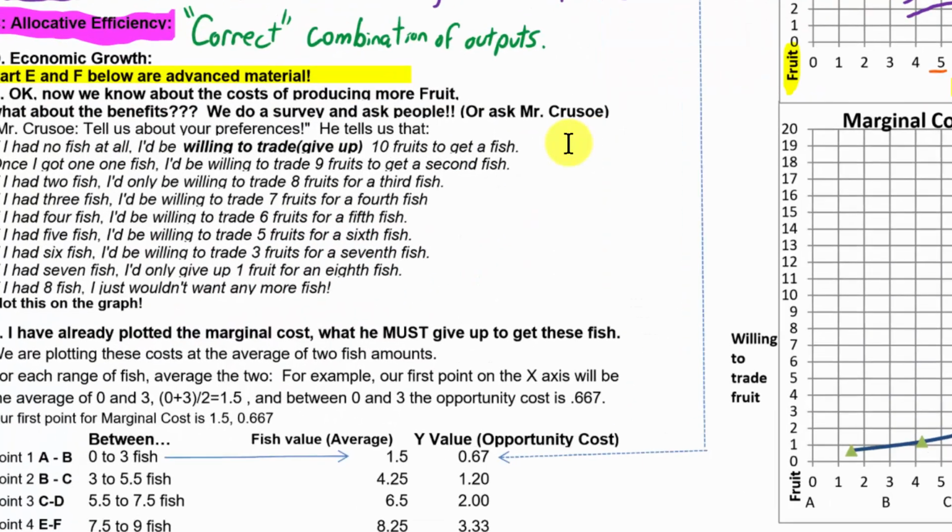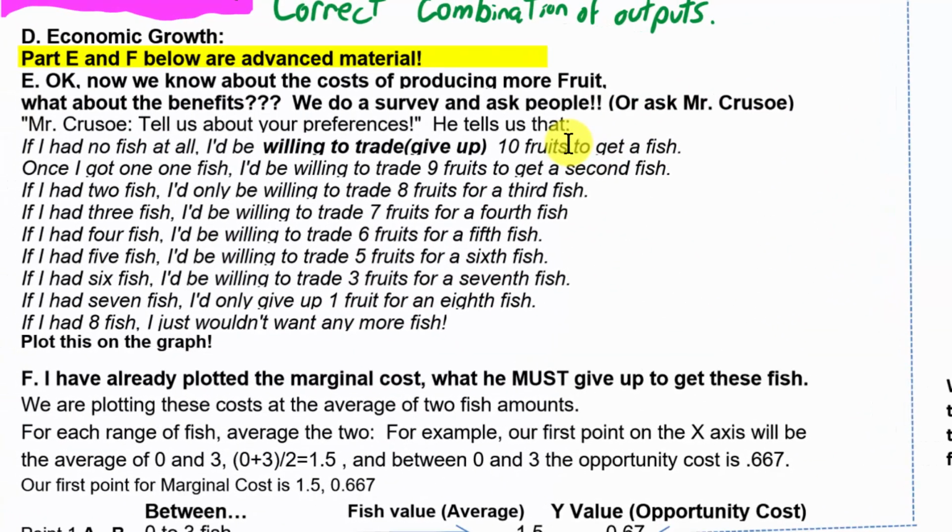Let's ask Robinson Crusoe very briefly what he does like. Let's ask him about his preferences. And this is the clearest way you can ask someone about their preferences, is to ask them these kinds of questions. So the production possibility curve tells us about the cost of making different choices. What's the opportunity cost?